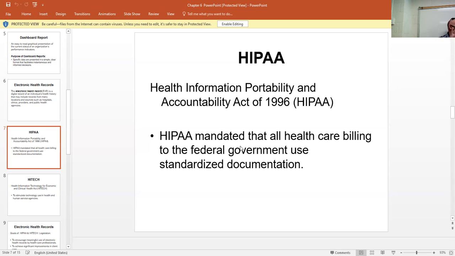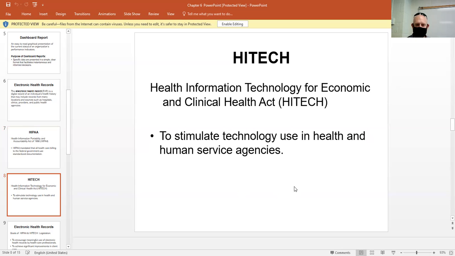They want everyone to use the same abbreviations that everyone's going to understand. That has part to do with it. And confidentiality is another part. HITECH sounds like some shoes. Oh, here we go again. Health Information Technology for Economic and Clinical Health Act.